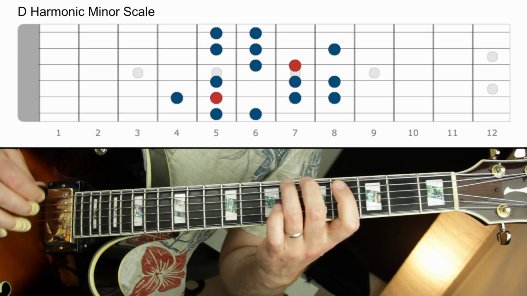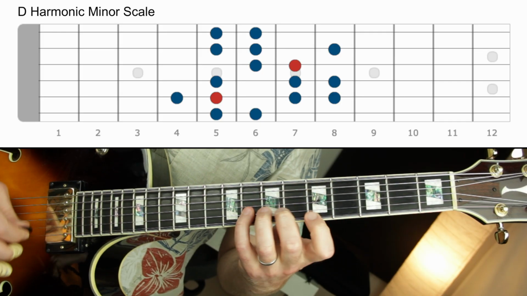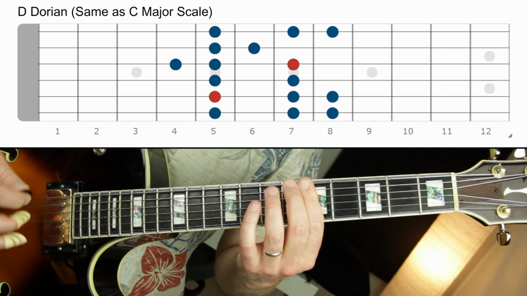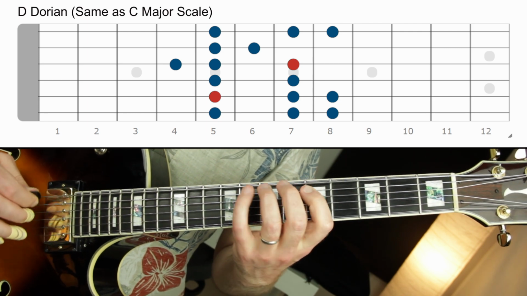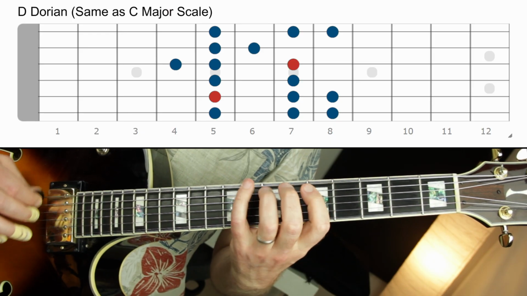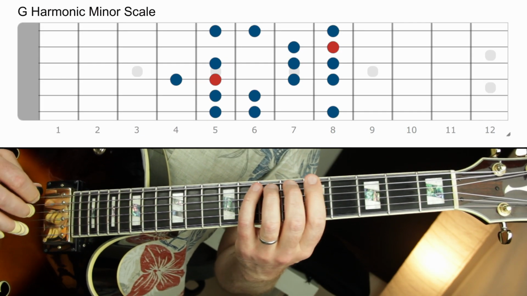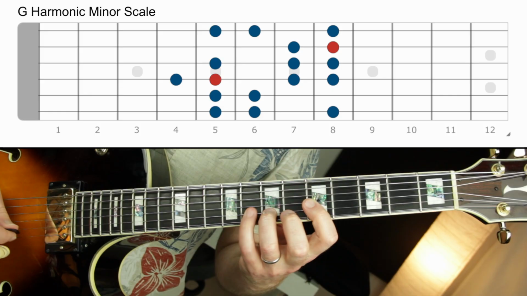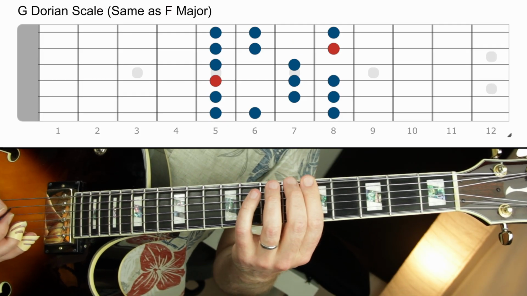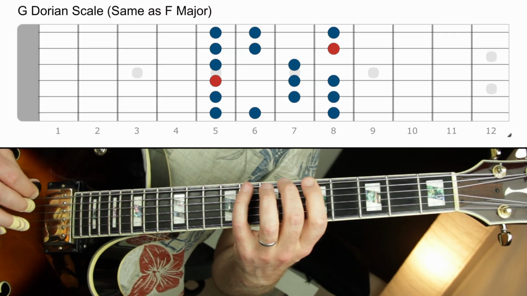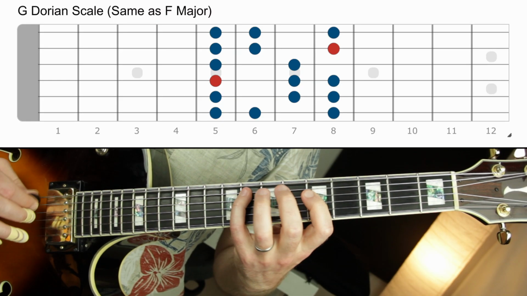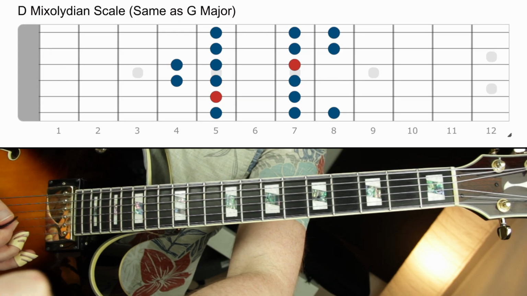D harmonic minor. Next one is D Dorian. This is the same thing as C major. Next is G harmonic minor. Next is G Dorian. This is the same thing as F major. Next is the D Mixolydian scale.